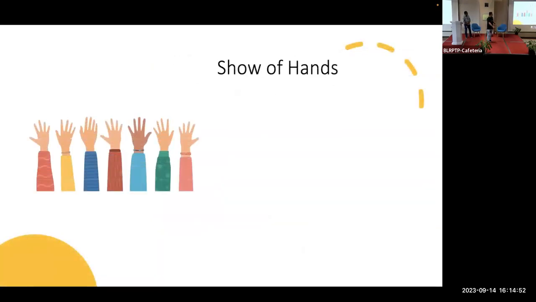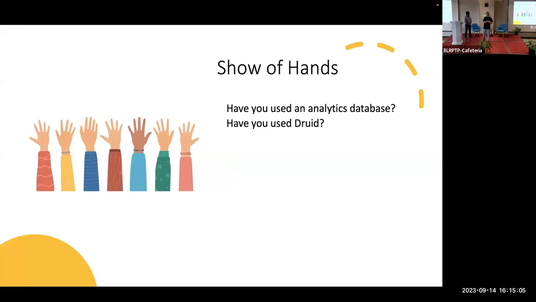Okay, a quick show of hands. How many of you have used analytics databases? Quite a few of them. Great. How many of you have used Druid? Oh, quite a few. Amazing. Any other analytics databases that people have used?